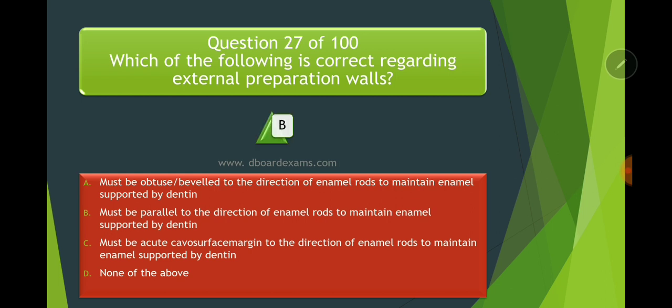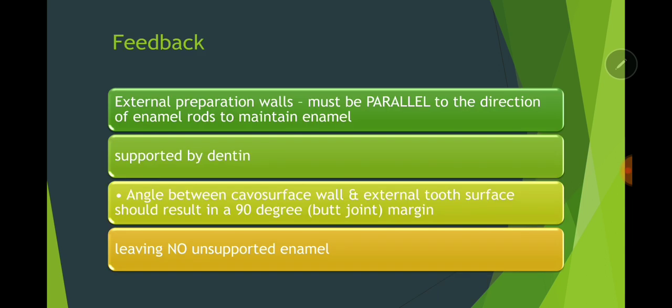Okay, so answer here is B. So make sure you know the preparation of the amalgam. And the feedback is that the external preparation walls must be parallel to the direction of the enamel rods to maintain enamel supported by dentin. Okay, and the angle between the cavity surface wall and the external tooth surface should always result in 90-degree butt joint, and you should not leave any unsupported enamel.